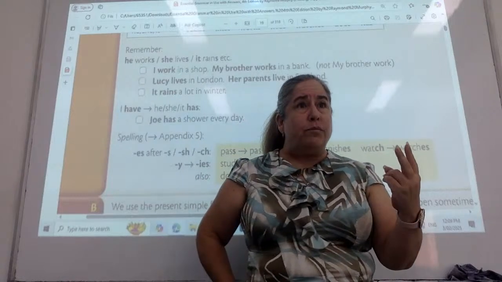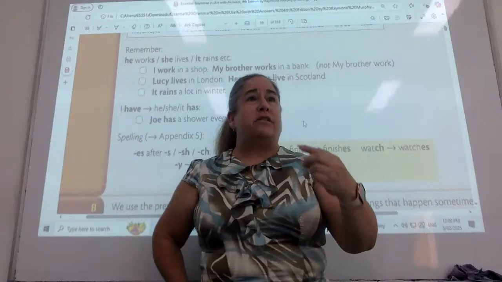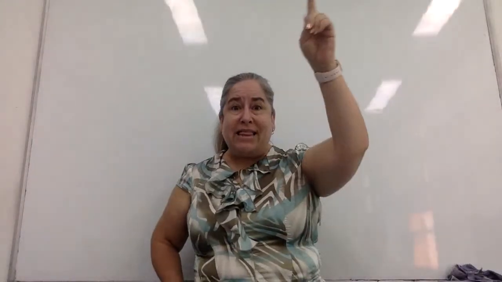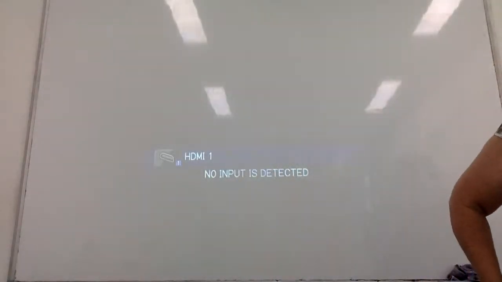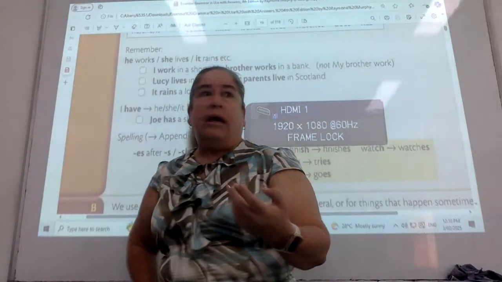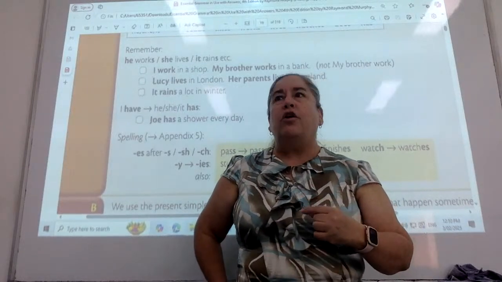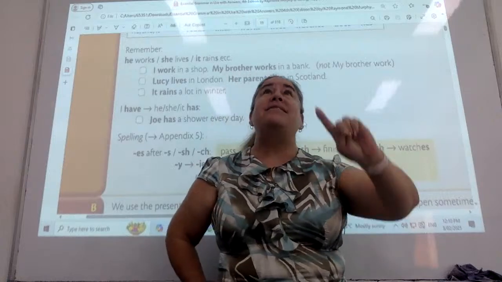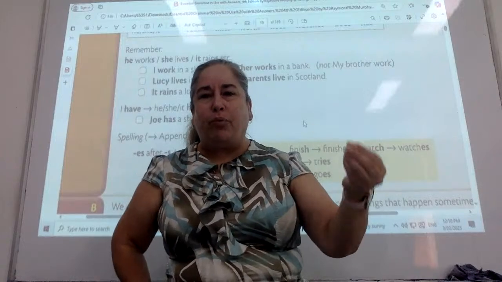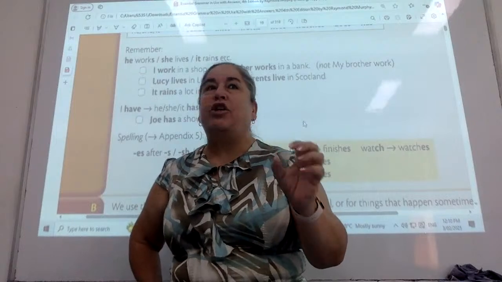Oh, it has 2 bedrooms upstairs and it has 1 bedroom downstairs. It has 2 bathrooms, 1 down and 1 up. It has a laundry in the back. It has a brand new renovated kitchen. It has a separated living and dining room. Does it have air conditioning? No, I'm sorry, it doesn't. But it has ceiling fans. So you see, you're talking about the property, everything the property has. Yes, this is what we're talking about, possession of things.